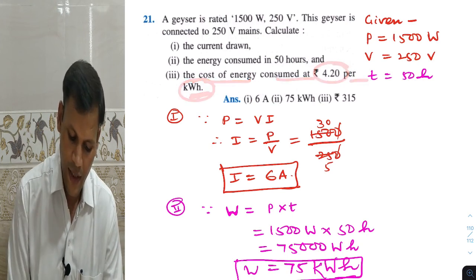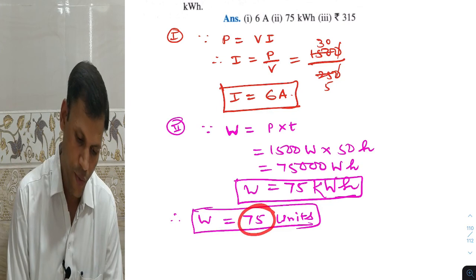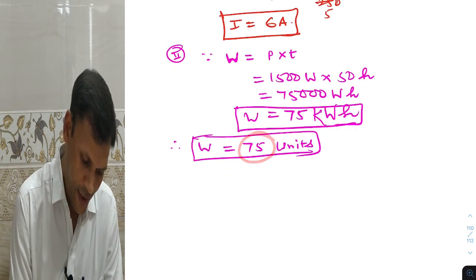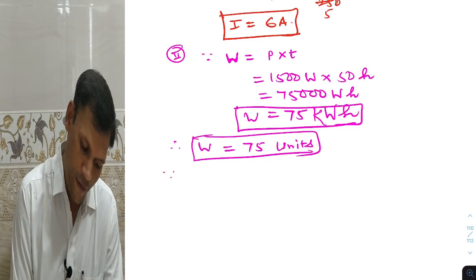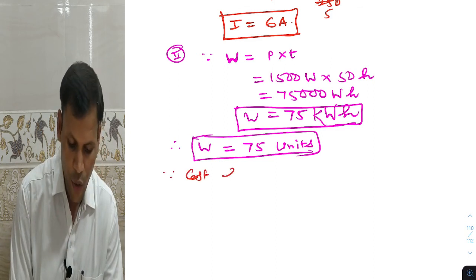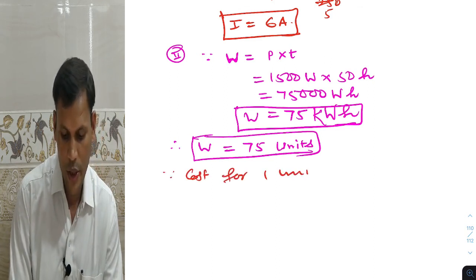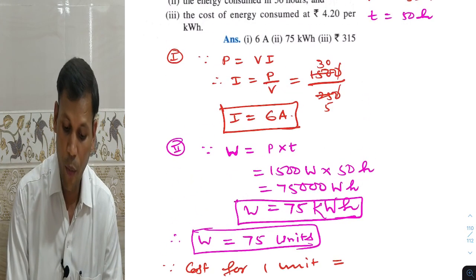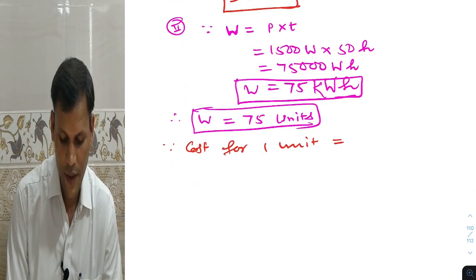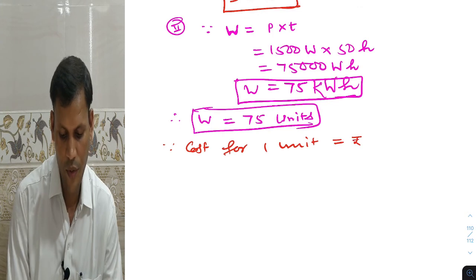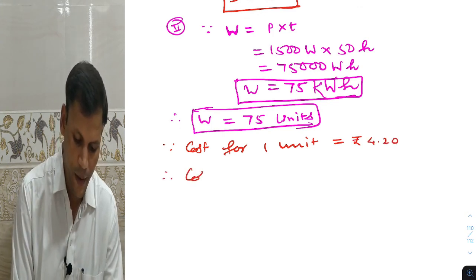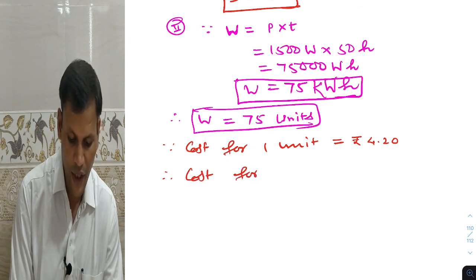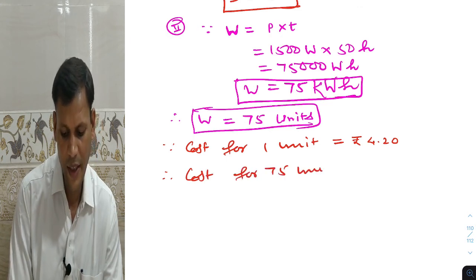So we will multiply this term by 4.2. Since cost for 1 unit is 4.20 rupees, therefore cost for 75 units, we will write 75 into 4.2.